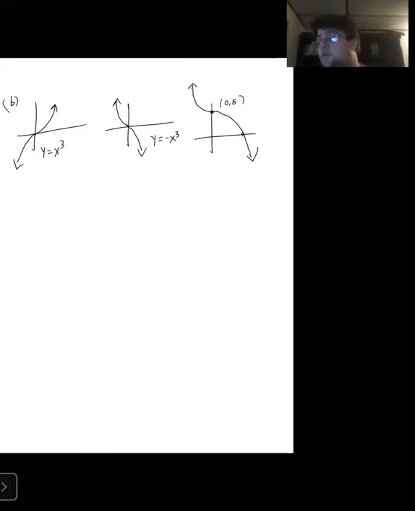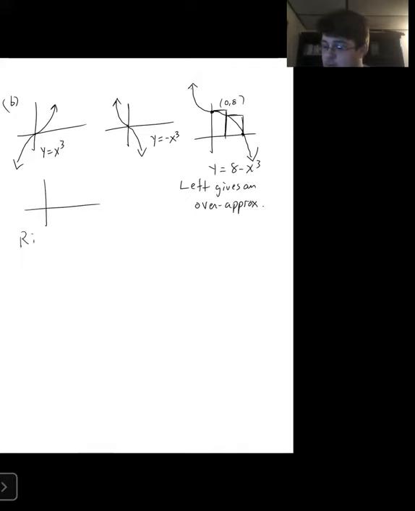It doesn't matter, though. If you draw the rectangles, what do we get? Well, the left-hand rectangles would look like that. This is y equals 8 minus x cubed. So the left gives an over approximation, and the right will give an under approximation. I'll show what that looks like over here. This function looks like that, and that.